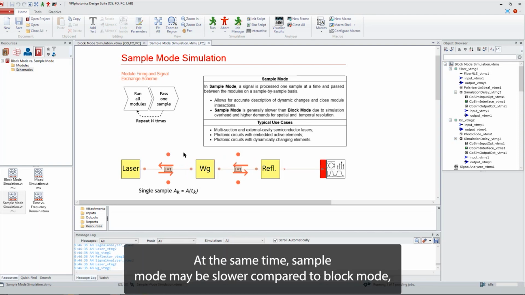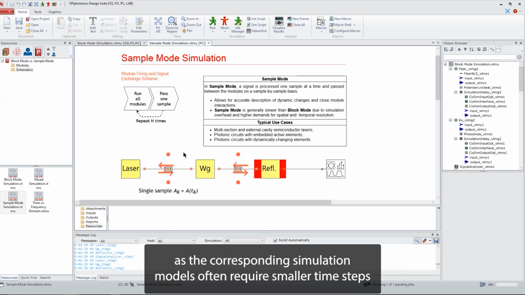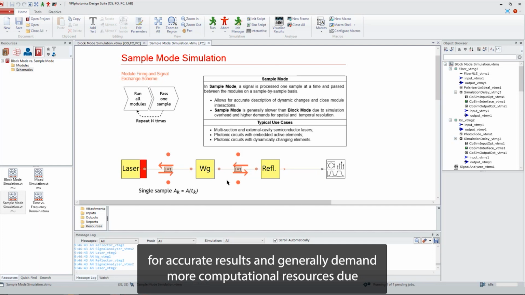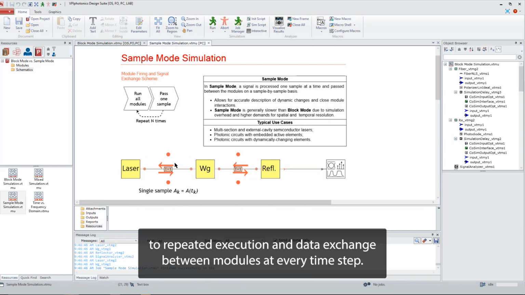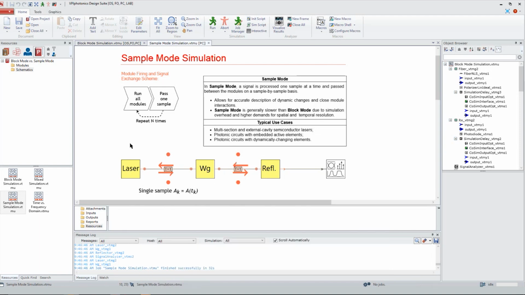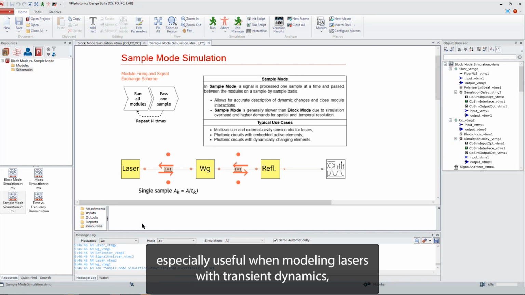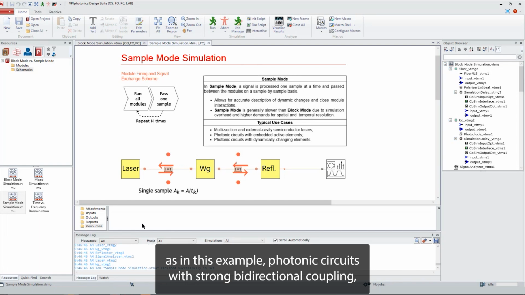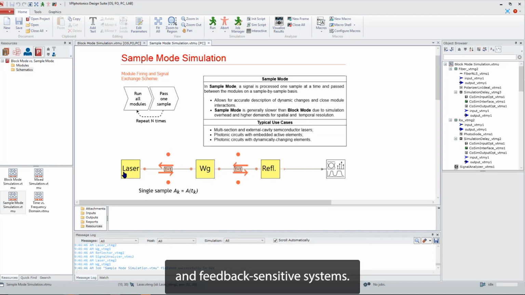At the same time, sample mode may be slower compared to block mode, as the corresponding simulation models often require smaller time steps for accurate results and generally demand more computational resources due to repeated execution and data exchange between modules at every time step. Sample mode is especially useful when modeling lasers with transient dynamics, as in this example, photonic circuits with strong bidirectional coupling and feedback-sensitive systems.